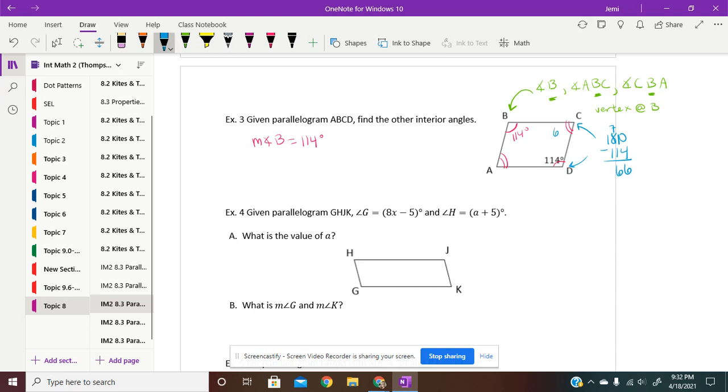So this angle right here is going to be 66 degrees. And then because A is congruent to C, angle A will also be 66 degrees.